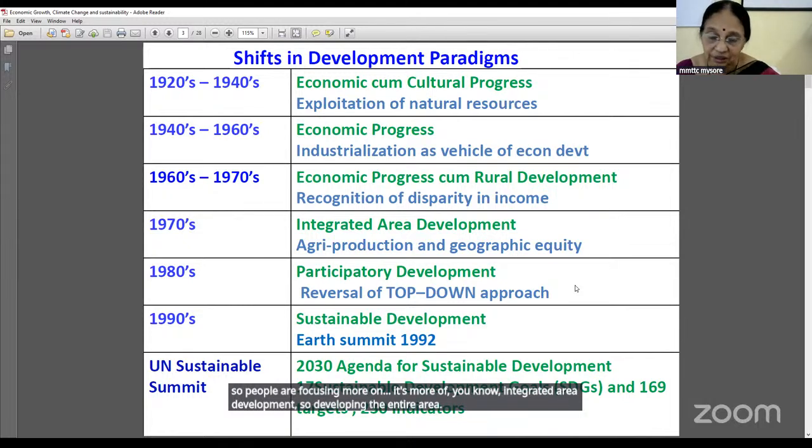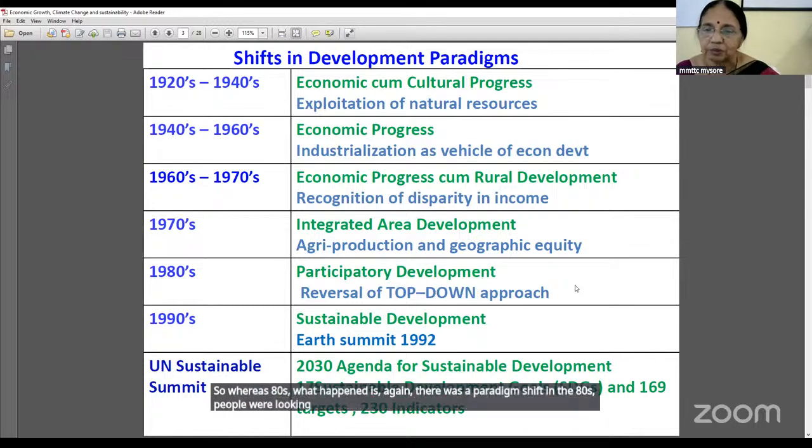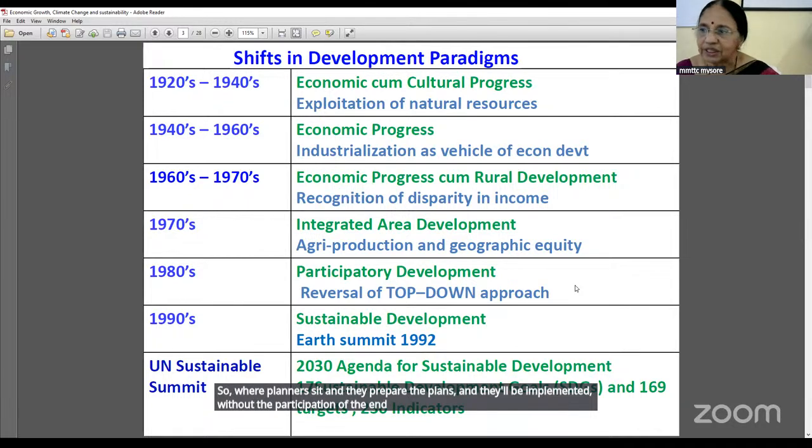Whereas in the 80s, again, there was a paradigm shift. People were looking at participatory development, because all the while development was a top-down approach, where planners sit and prepare the plans and they are implemented without the participation of the end users. In the 80s, the focus shifted from the top-down approach to the bottom-up approach.